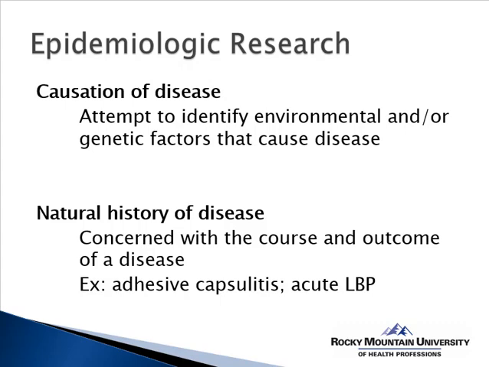For example, acute low back pain. This can potentially get better in people after 6 weeks or so. Adhesive capsulitis or frozen shoulder. Without treatment, many people get restoration of their range of motion and a decrease in their pain after 1 to 3 years.